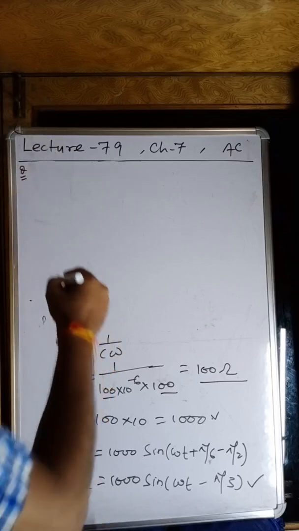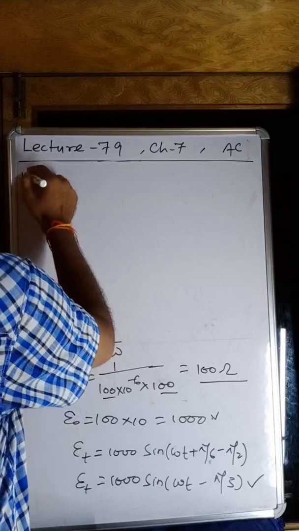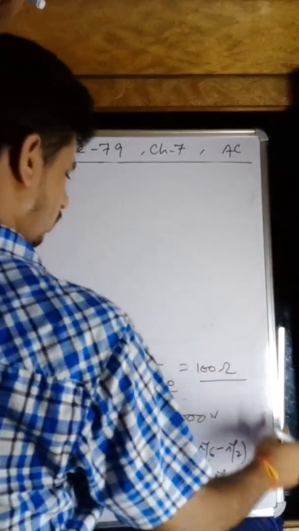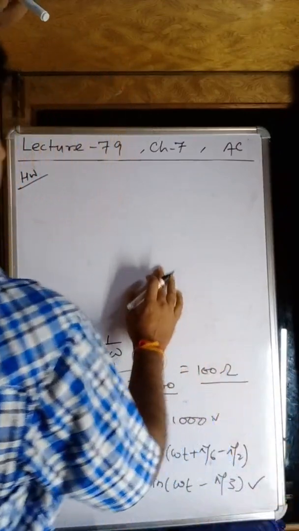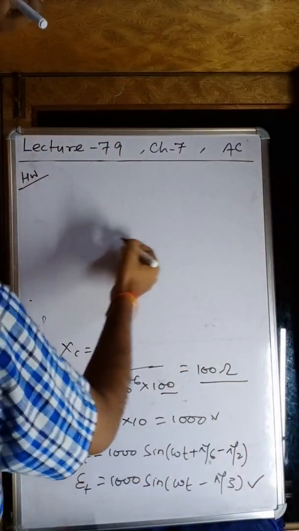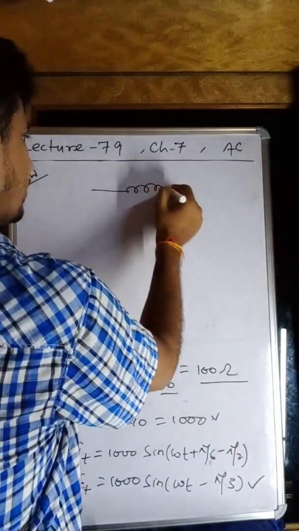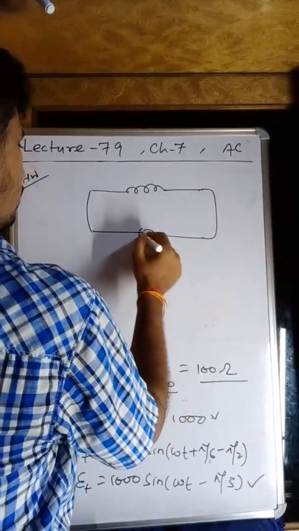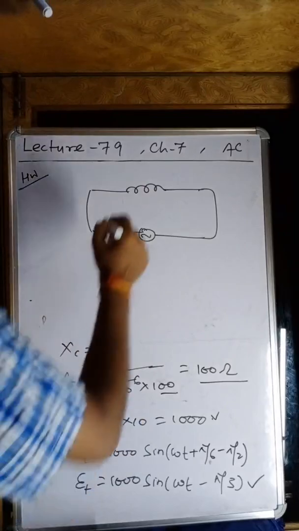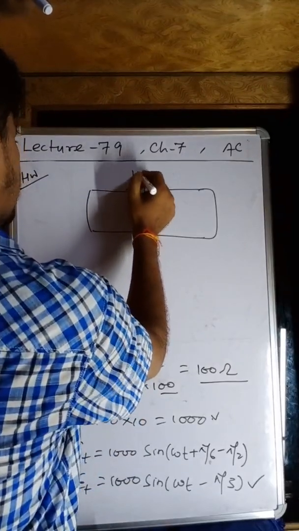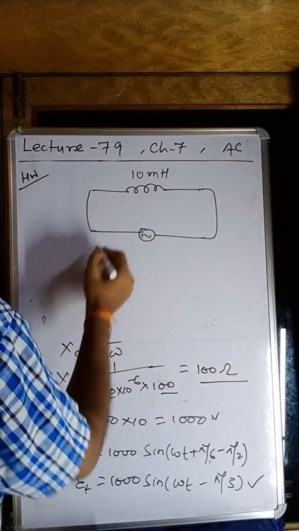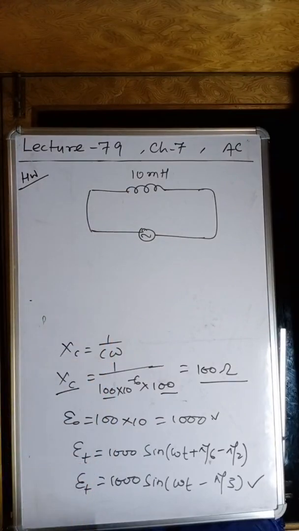This is your homework, so after the lecture, you will solve it. Here, it is an inductor under AC supply. Suppose the inductance is 10 millihenry.